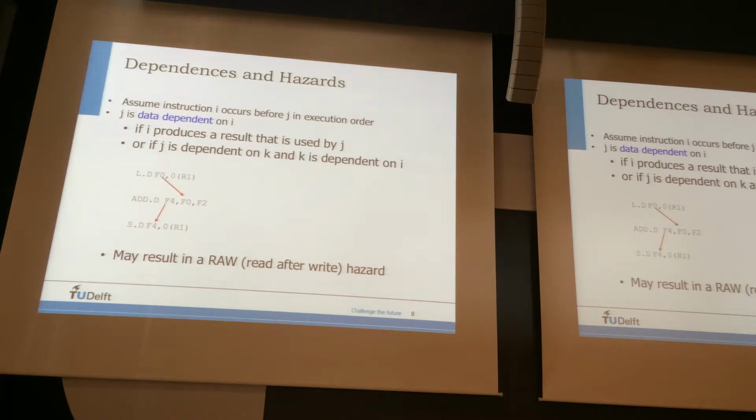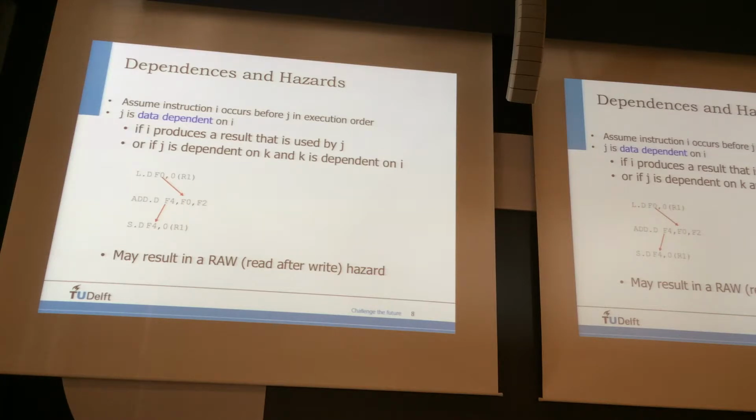Now if my current instruction is storing the result in F4, I cannot do it before the load, because if I do it before the load, I don't know what F0 is. I cannot do the next instruction, which is a store of F4 to a certain address, because I don't know what F4 is.